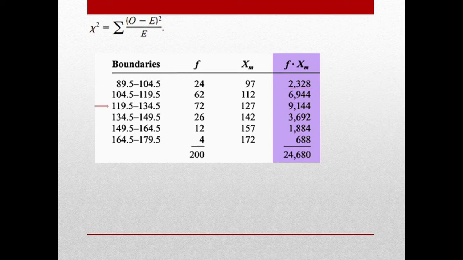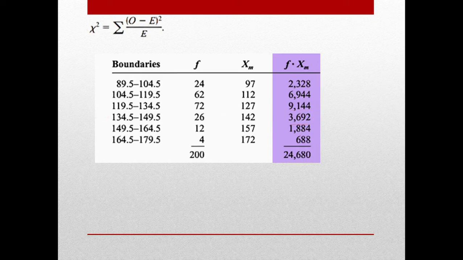For 119.5 to 134.5, our frequency is 72 multiplied by 127 is equal to 9,144. For 134.5 to 149.5, our frequency is 26 multiplied by 142 is equal to 3,692.